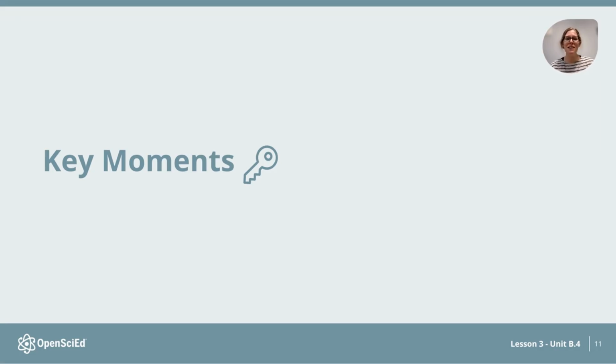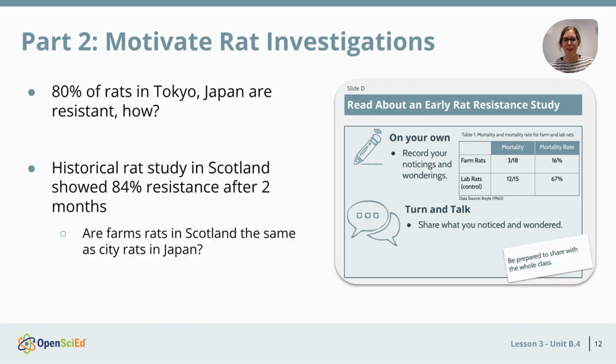All right, let's see those key moments that were highlighted earlier. After having the discussion about selection pressures and what students figured out in lesson 2, we move to part 2, motivate the rat investigation. We're going to be looking at data of rat poison resistance in Tokyo and then comparing that to a historical rat study in Scotland.